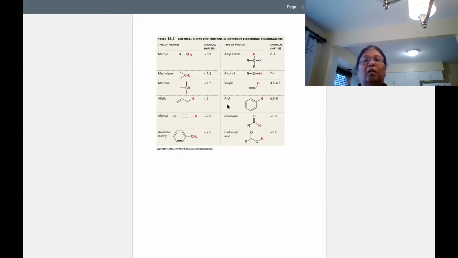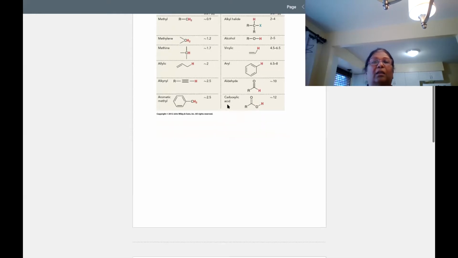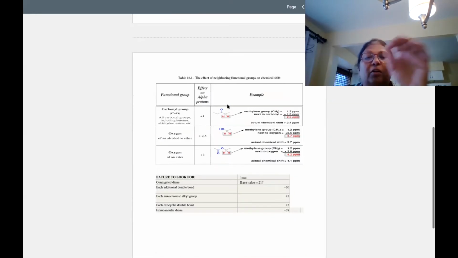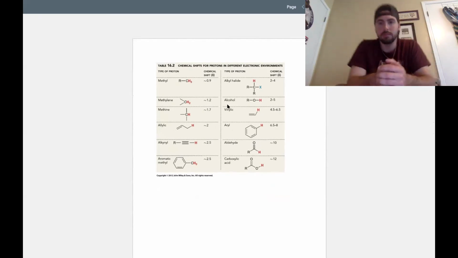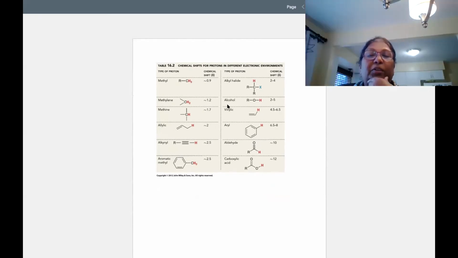Remember the alcohol, like a regular alcohol, it's 2 to 5. Then the vinylic hydrogen, 4.5 to 6.5. The aromatic, the aryl, between 6.5 to 8. You see that? Aldehyde, approximately 10. Look at the last one.